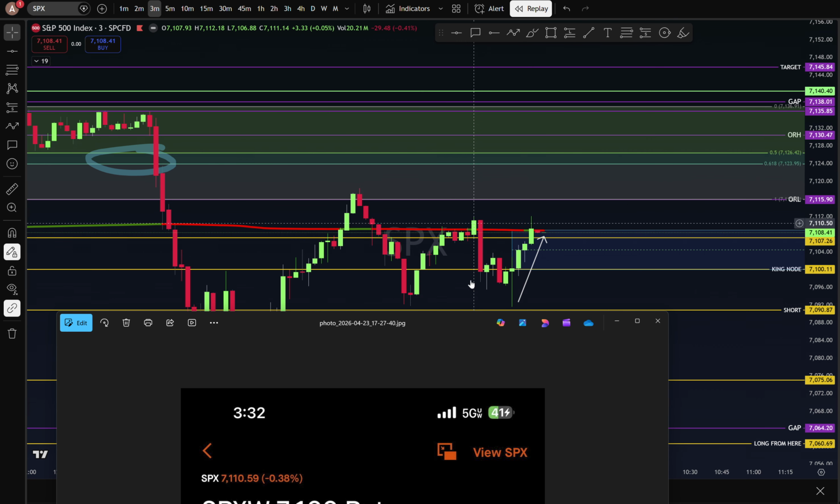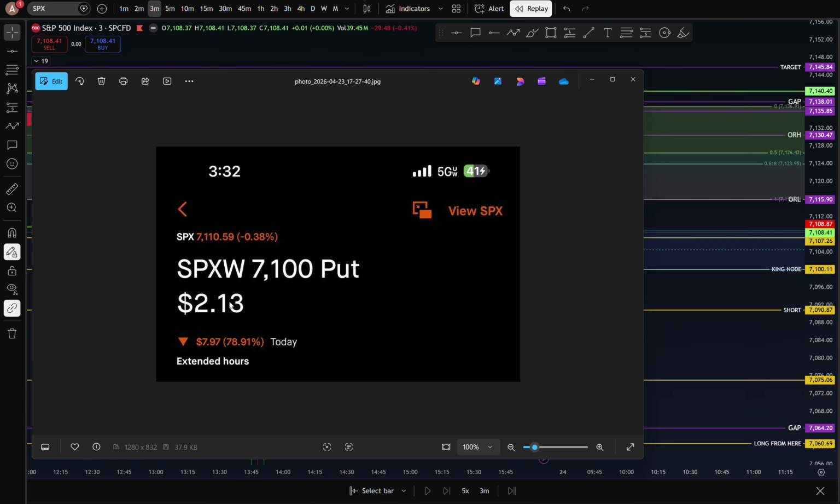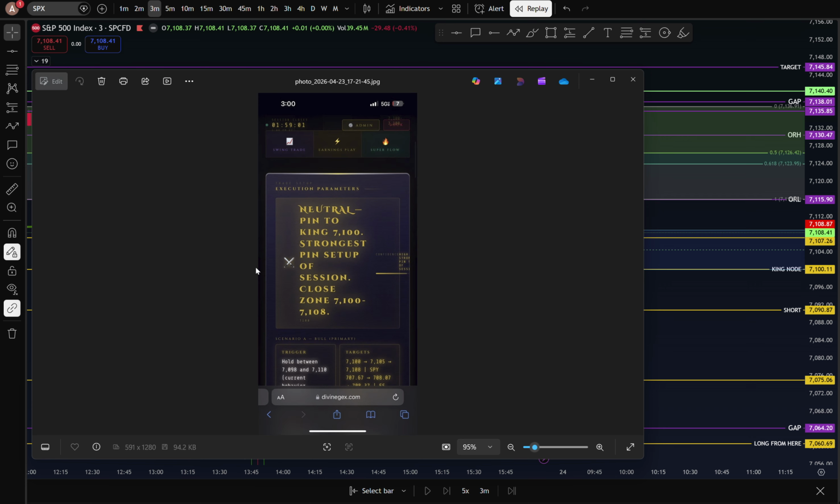You see the put I was mentioning, look how much it went, from $200 to $700, but in like 20 minutes. Crazy, right? The call also pumped a lot. I didn't play the call, I played just the put. But yeah, it was so crazy.